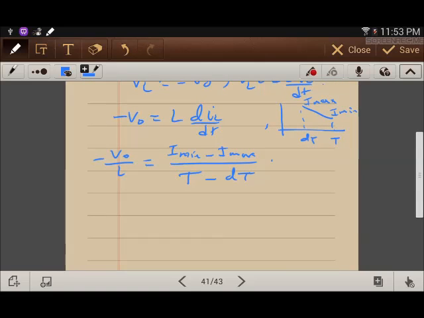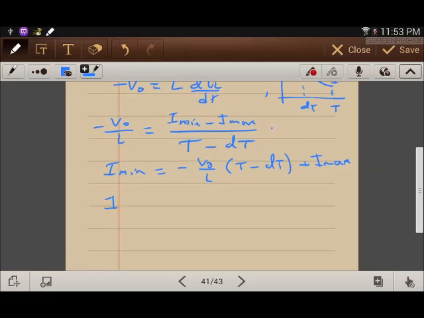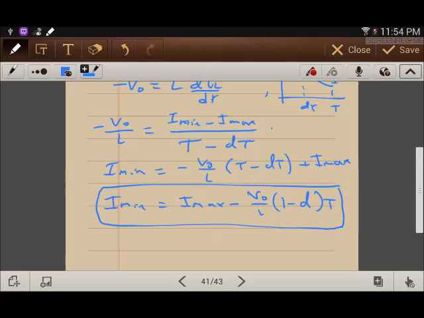So I min is equal to minus V out over L multiplied by t minus dt plus I max. So I rearrange the equation to I min equals I max minus V out over L, 1 minus d, multiplied by t. So this is equation number 2.